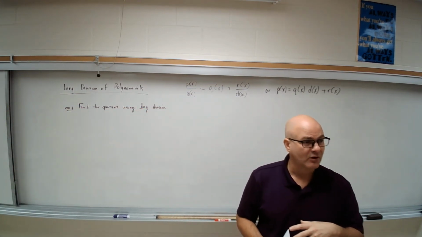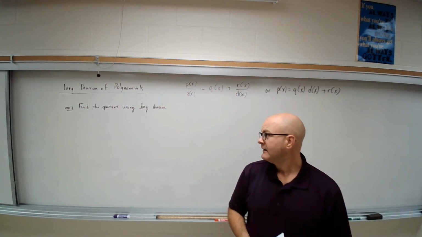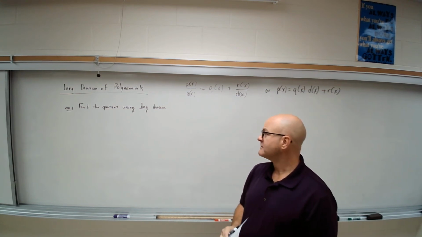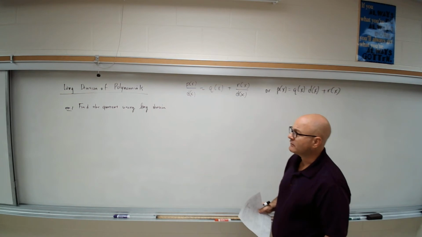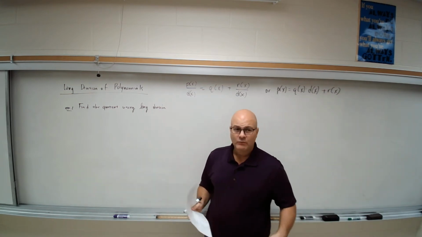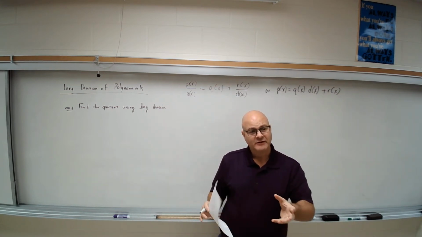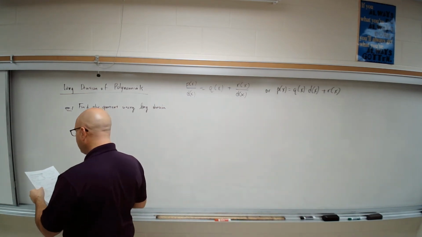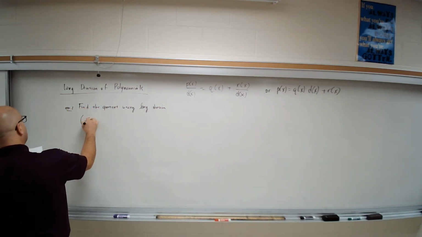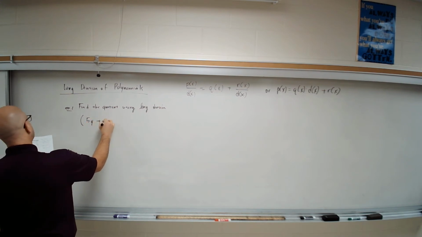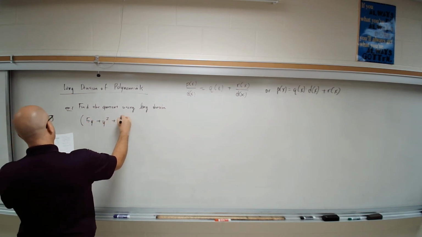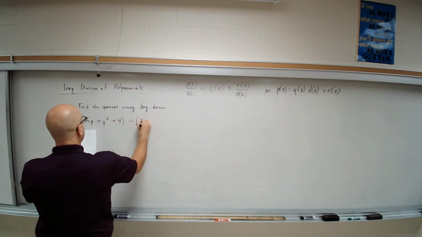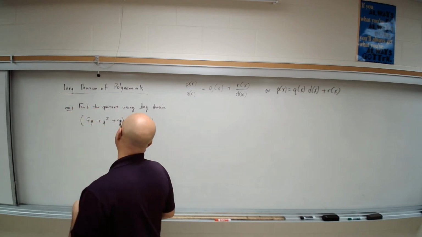You probably skipped long division if you were in a regular or college prep Algebra 2, maybe honors. I'm not sure, you might have done long division. But we're still going to do synthetic. We just need to figure out when it doesn't always work. So you need to have long division available. But here we have 5y plus y squared plus 4 divided by 2 plus y.